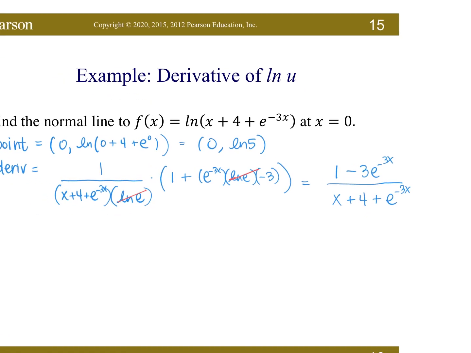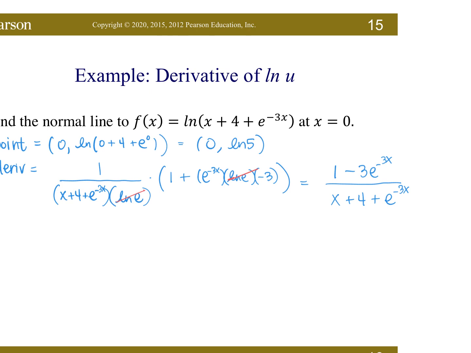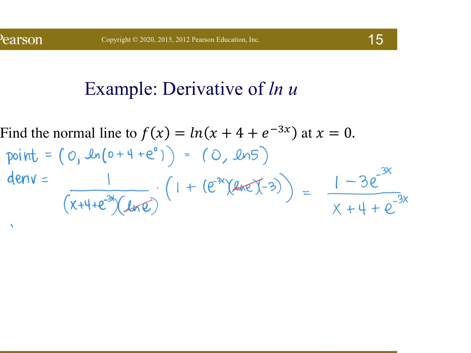So then we're ready to plug in 0 to find our slope. When we evaluate 0, we'll have 1 minus 3e to the 0 over 0 plus 4 plus e to the 0. And those e to the zeros will be 1, so I'm going to get 1 minus 3 over 4 plus 1, in other words, negative 2/5.